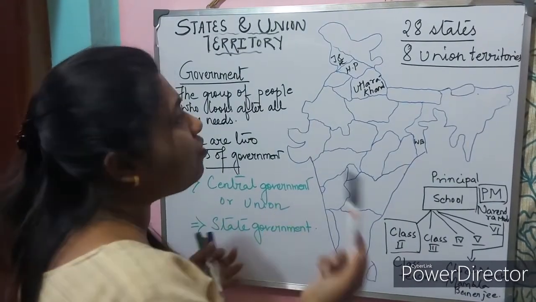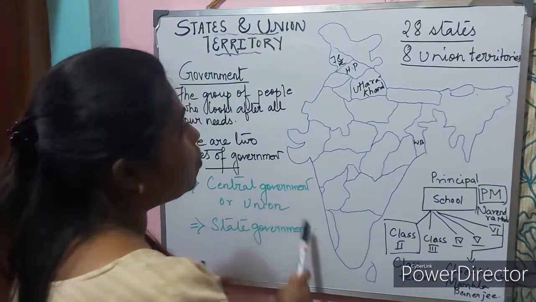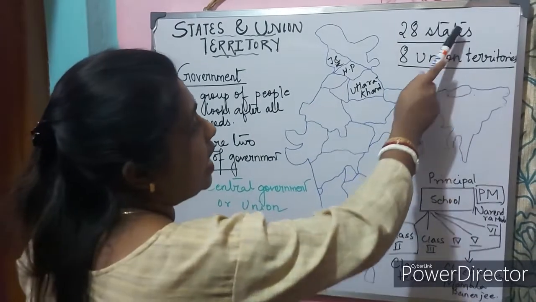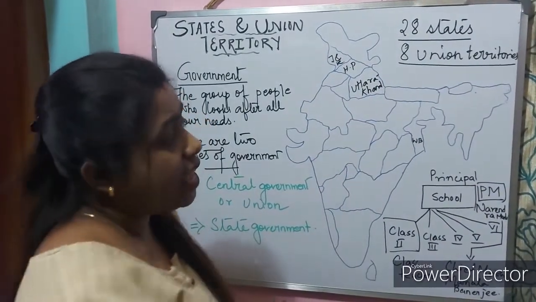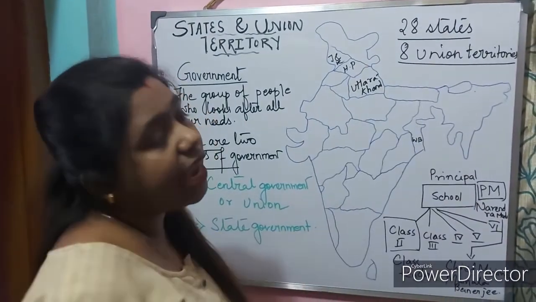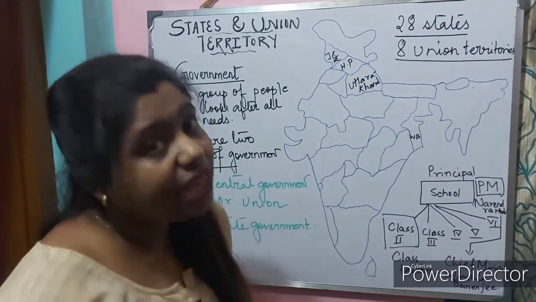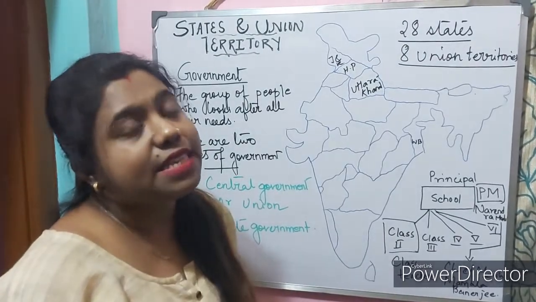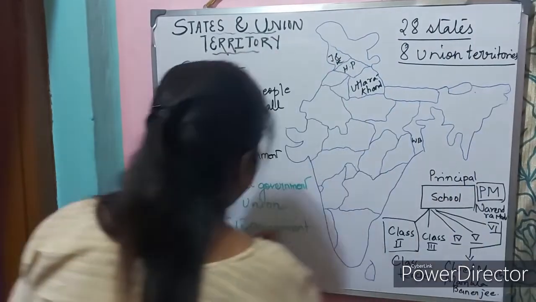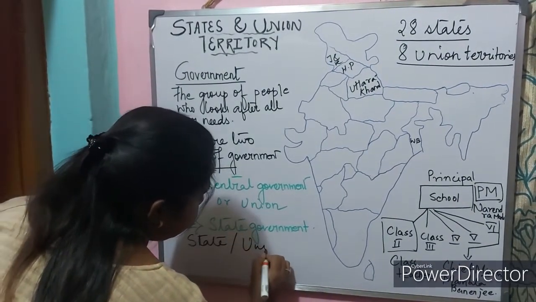Then who looks after the needs of the people living in the union territories? The central government. So, what is the main difference between a state and union territory? A state is governed by the state government, and a union territory is directly governed by the central government. So just let me write it here. Difference between state and union territory.